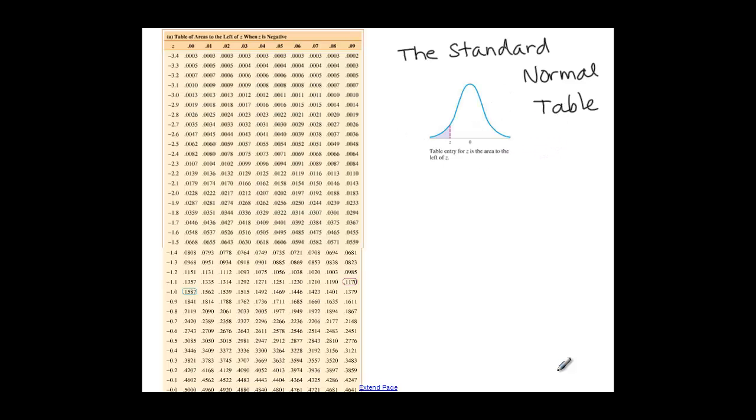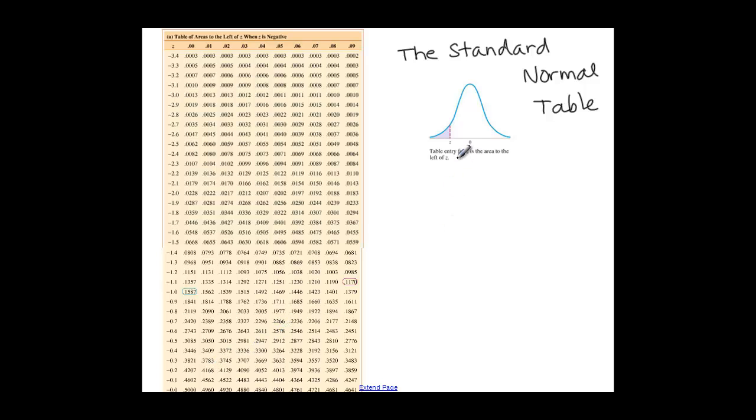Now there's a table in your textbook, and you'll have this as a reference when you take your test. It's called the standard normal table, and there are two parts to that table. The first table has the z-scores, all of these are negative, and the actual entries are the area under the curve.